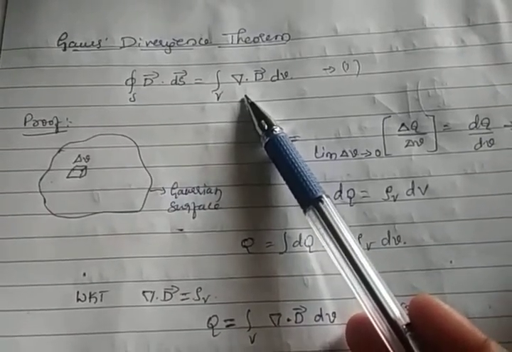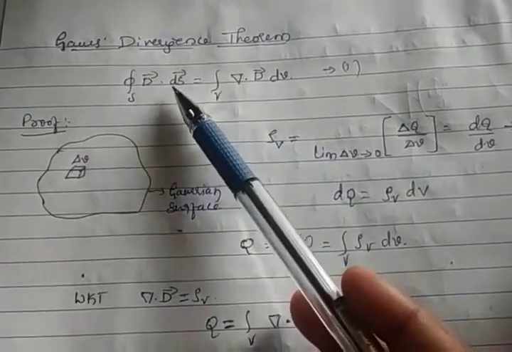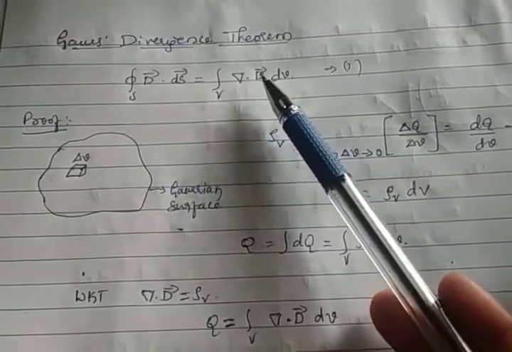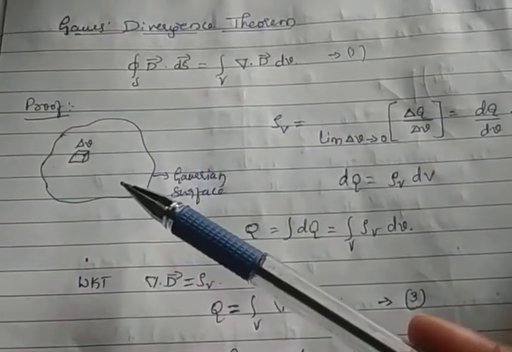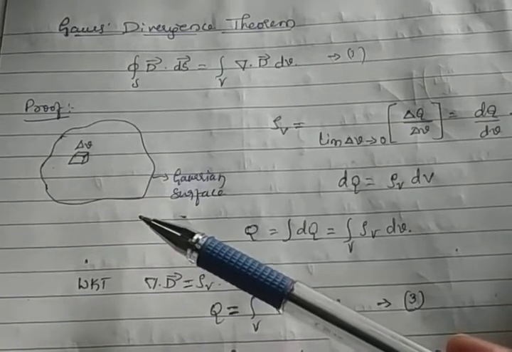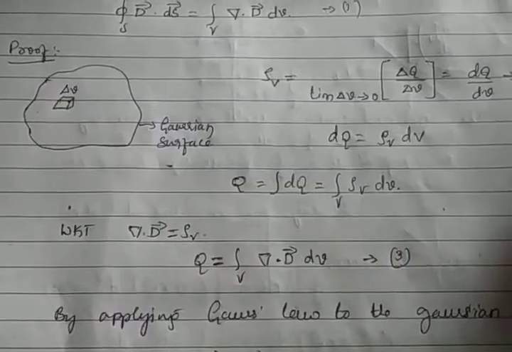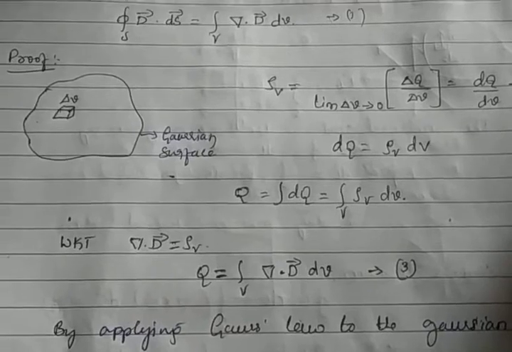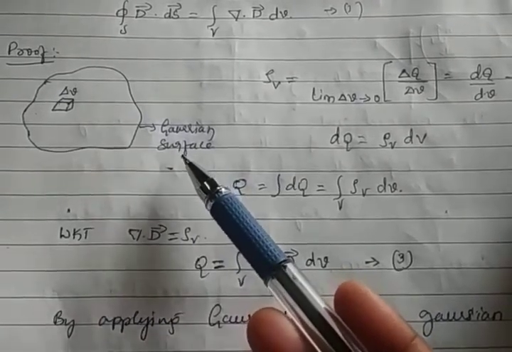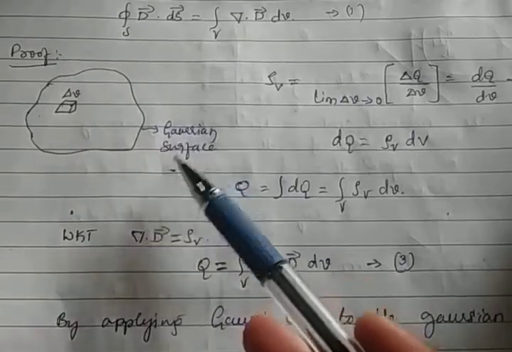The next is the proof of the equation. How is it proved? Consider a Gaussian surface. What is a Gaussian surface? A Gaussian surface is a closed surface.